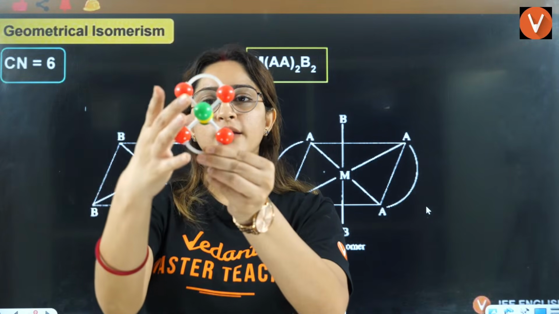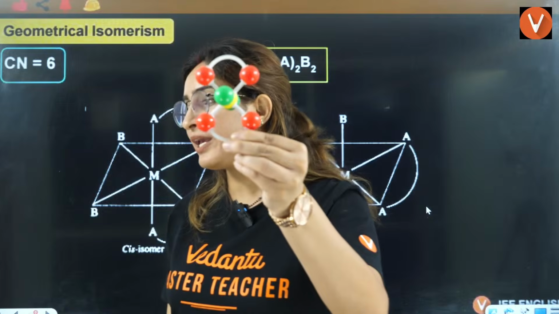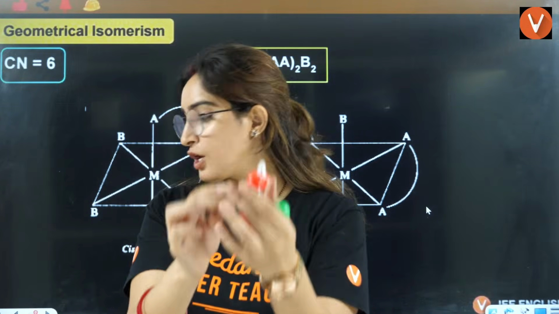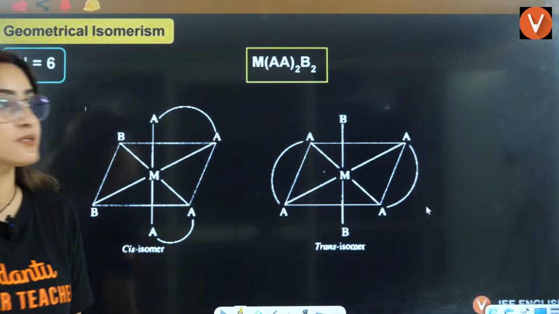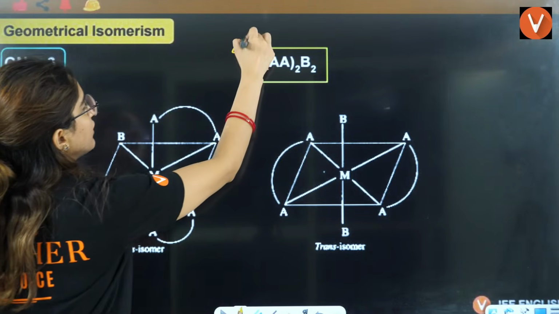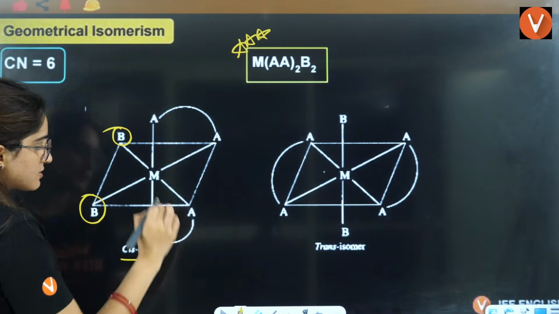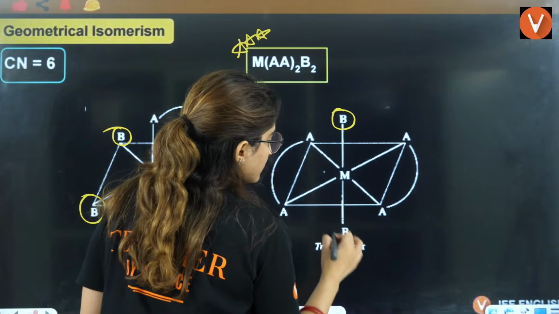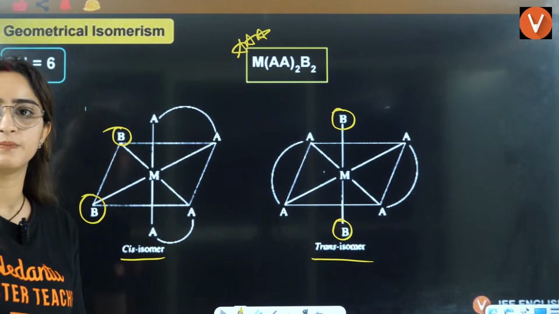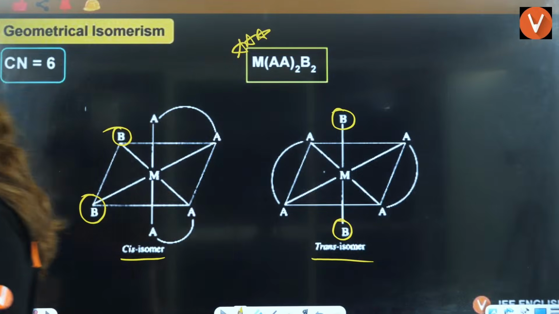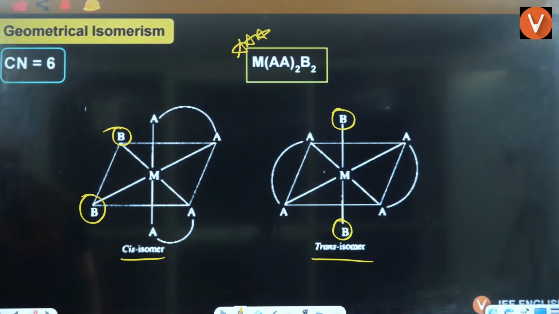Can you see they are opposite? So we have just formed a trans isomer. So that means cis and trans is possible here. This is very important. So when these two are next to each other, it is cis, it is opposite, that is called trans. Okay, everybody, is that clear?